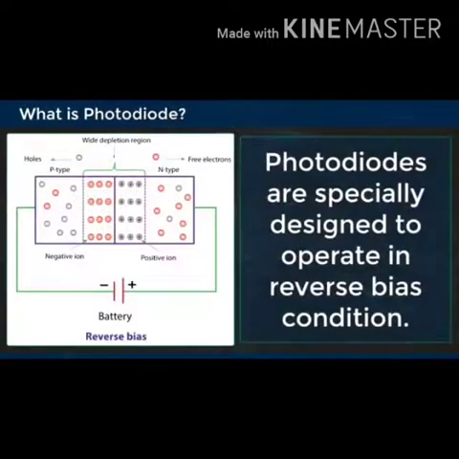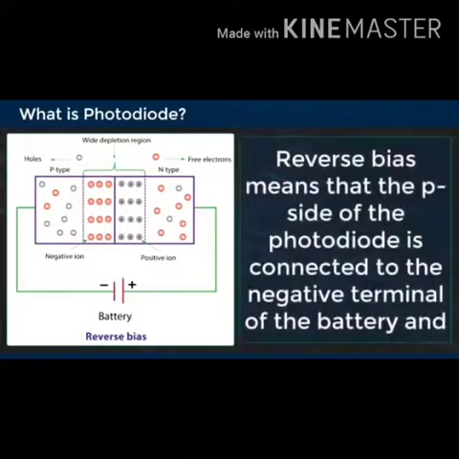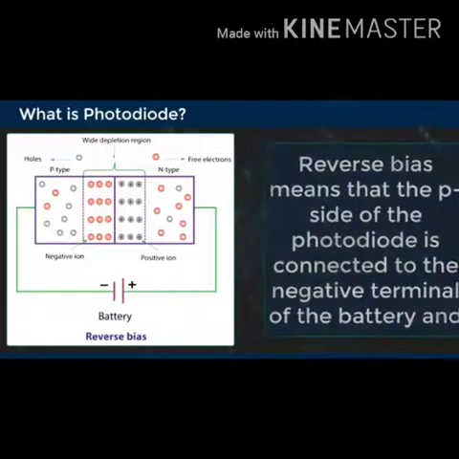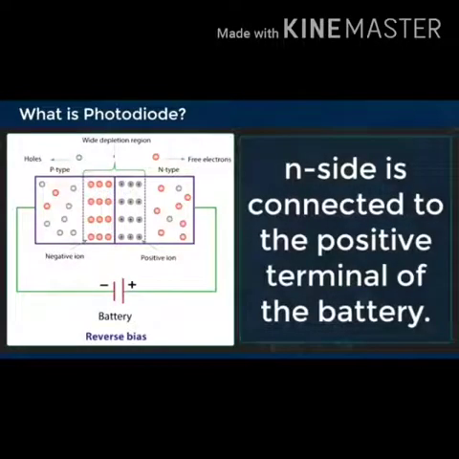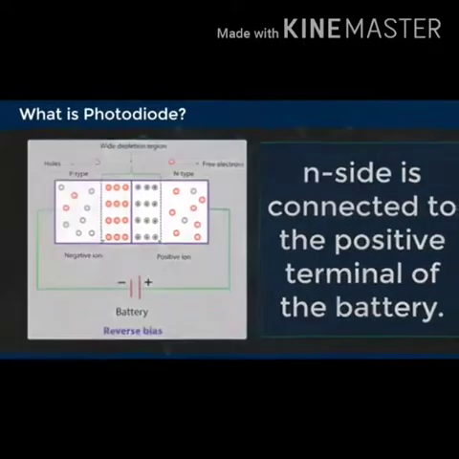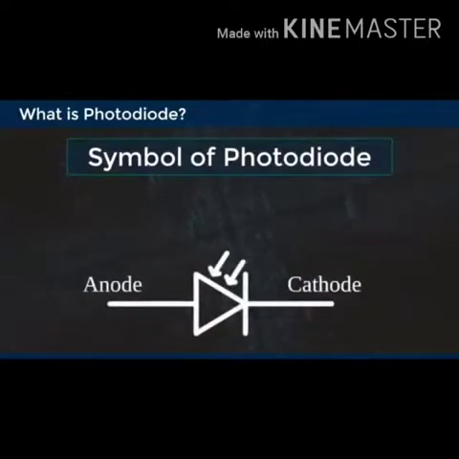Photodiodes are specially designed to operate in reverse bias condition. Reverse bias means the P side of the photodiode is connected to the negative terminal of the battery and the N side is connected to the positive terminal of the battery. The symbol of the photodiode is shown in the figure. The direction of the arrows indicates that light is incident on the photodiode.